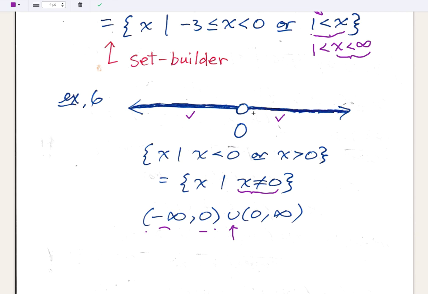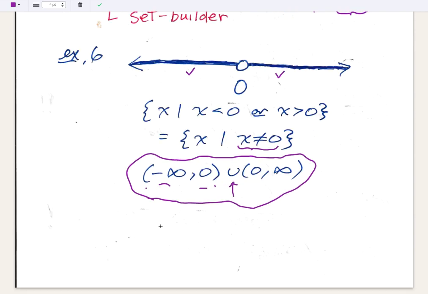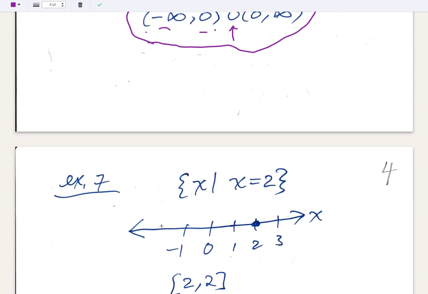And then I'm going from 0 to infinity, everything greater than 0. So parentheses, 0, comma, infinity. No limit to the right there. So this would be the interval notation. And when we work these problems, we often like to write our answers in interval notation, but I'm giving you practice in both notations right now.